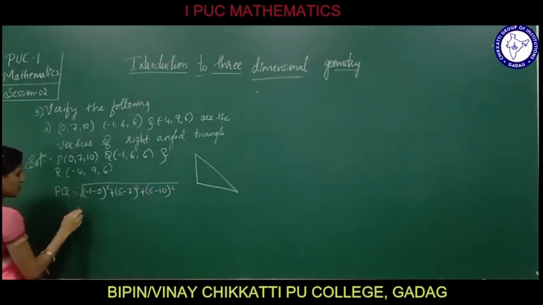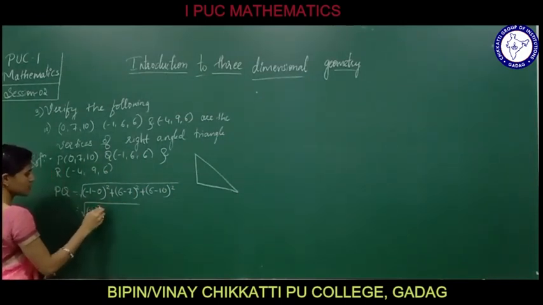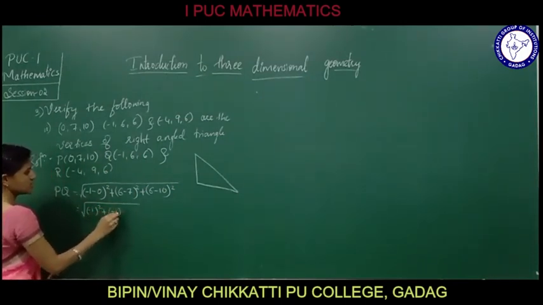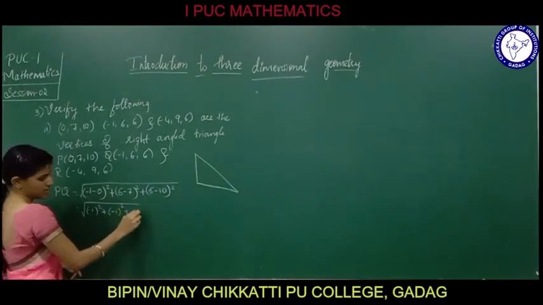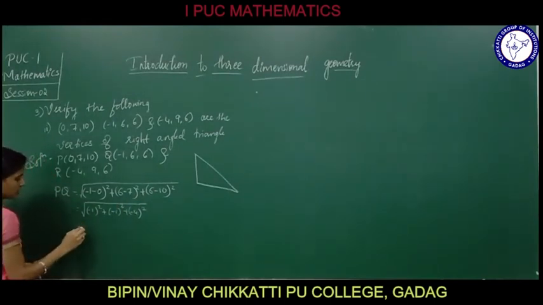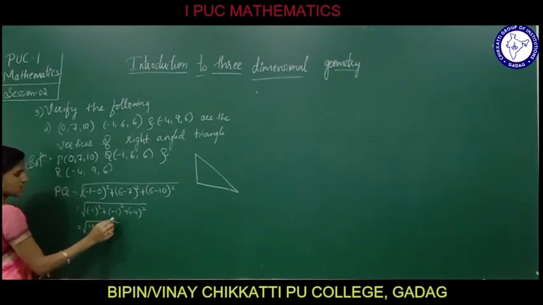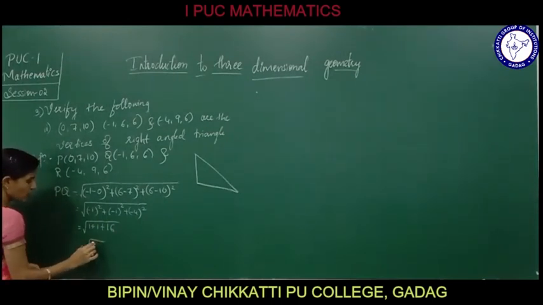That is root of minus 1 square plus minus 1 square plus minus 4 square, which is root of 1 plus 1 plus 16. So I got root of 18.